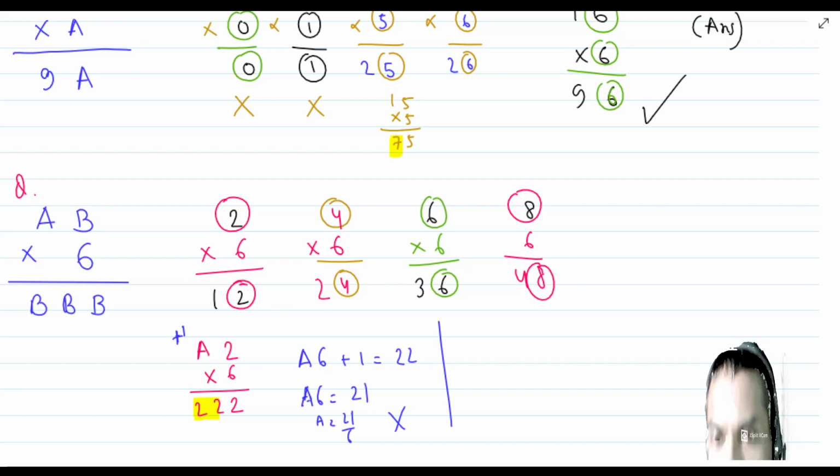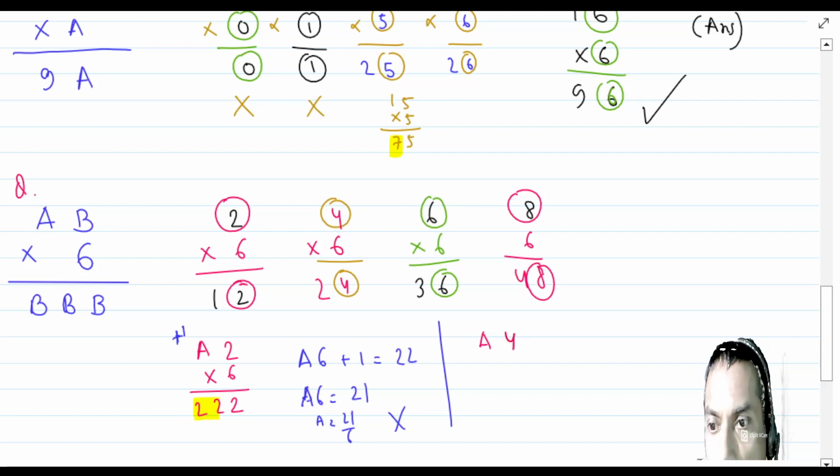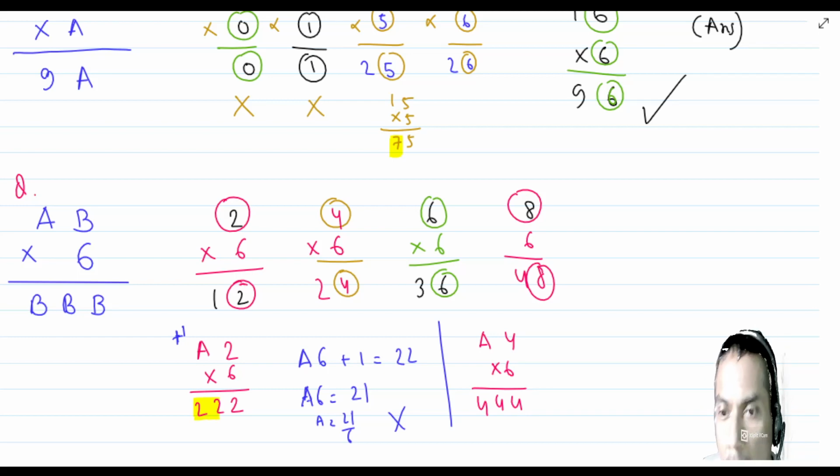So if I consider 4, then it will be A into 4 and 6, and here also all 4. Clear? Now again, if I multiply, what is the carry forward? 6 4 ja 24, so 2 is the carry forward.